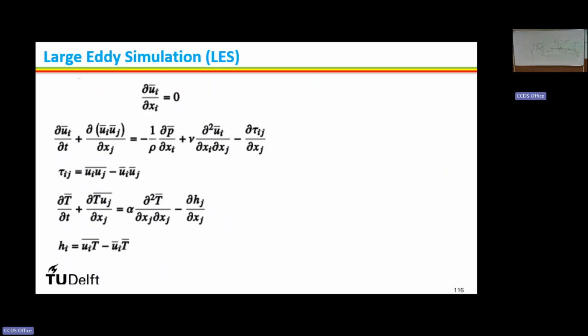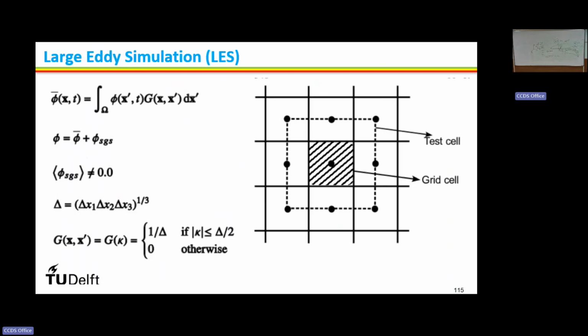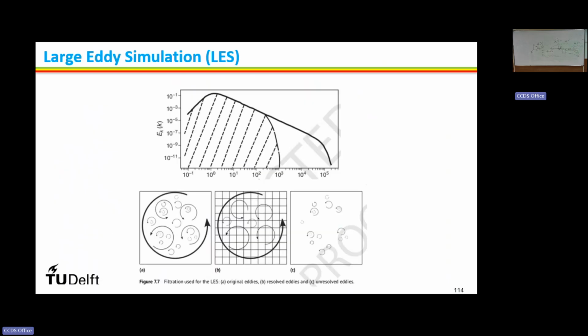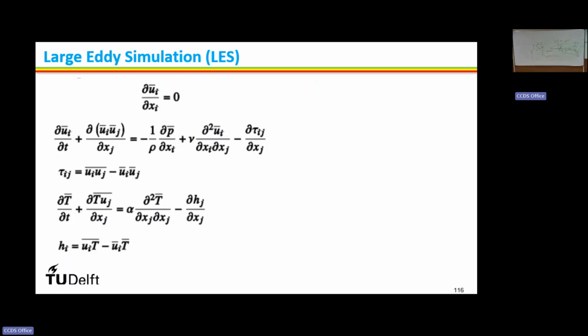Okay, if we do the Reynolds averaging, we get an equivalent term, right? That we call tau ij, the Reynolds stress. But in the LES, as we are capturing the large scale motion and allowing only the small scale motion to be modeled, we call this the subgrid scale stress.